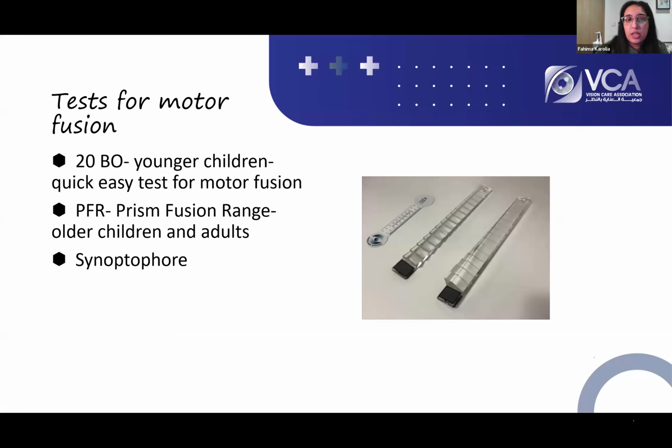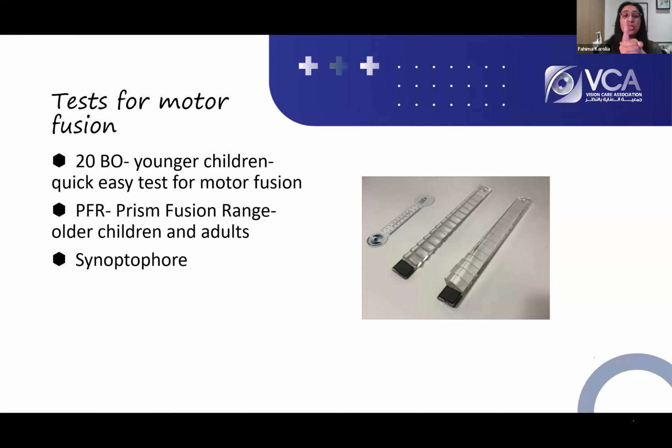Okay, and then we've got tests for motor fusion. So how do we test motor fusion? So what was motor fusion again? Do you remember? Okay, so with motor fusion, we've got our normal sensory fusion. So we've got two similar images. Again, remember the finger, we've got two similar images, and we're perceiving it as one in normal, free space, okay?